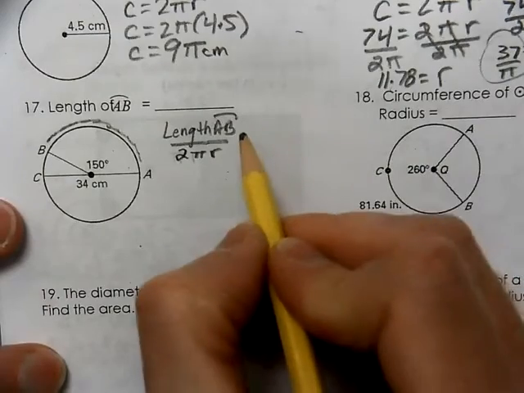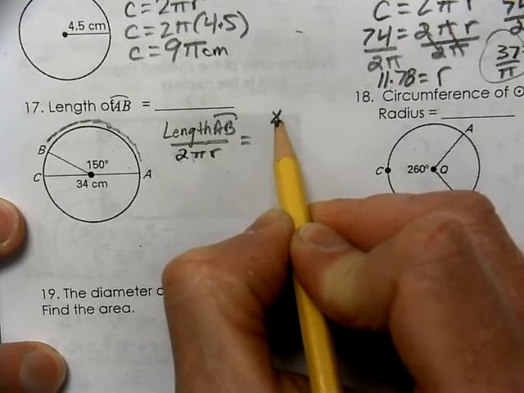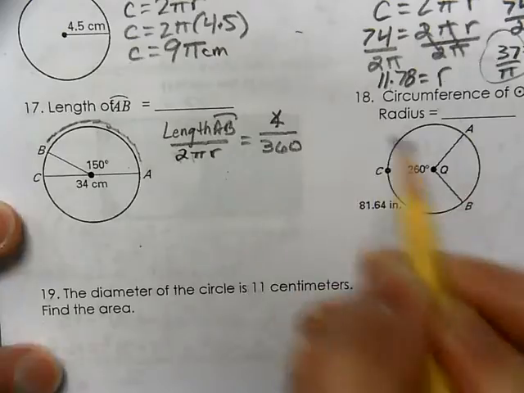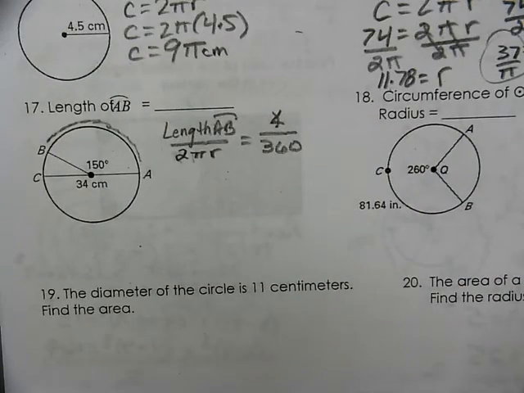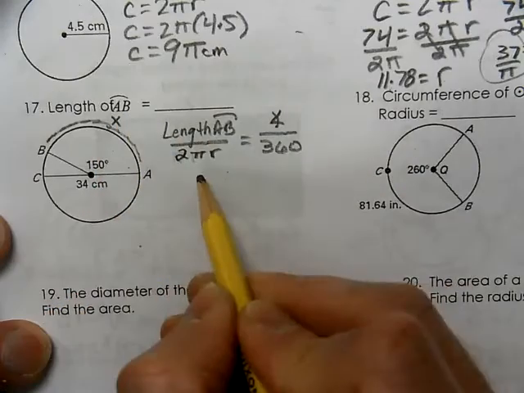That'll be just fine for this problem. The central angle divided by 360. So we're looking for x.